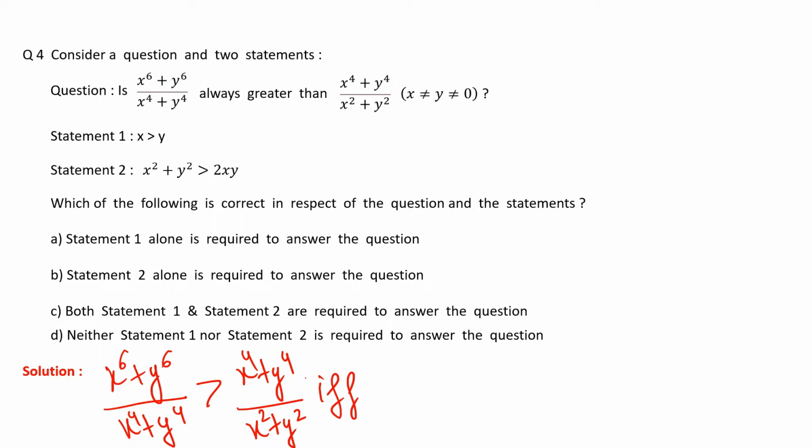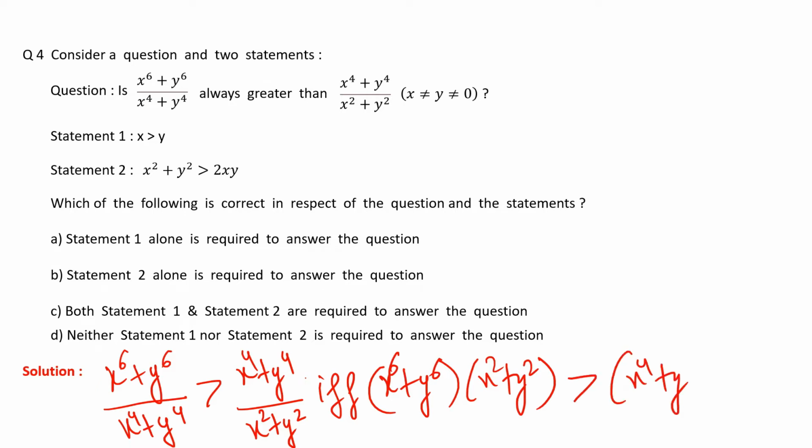That is, if the first statement is true, then if I cross multiply both sides of this inequality, then (x to the power 6 plus y to the power 6) into (x square plus y square) will be greater than (x to the power 4 plus y to the power 4) whole square. Now, why have I multiplied?